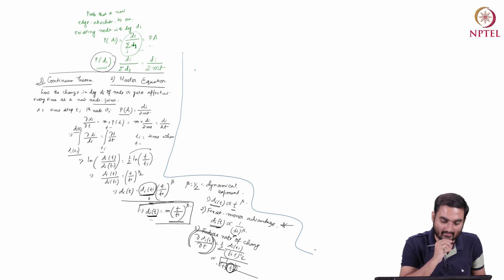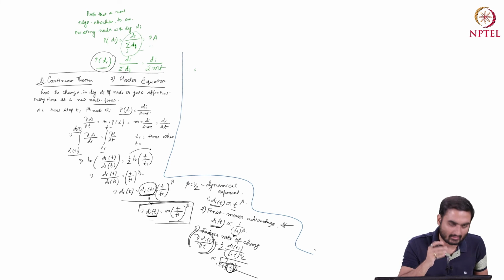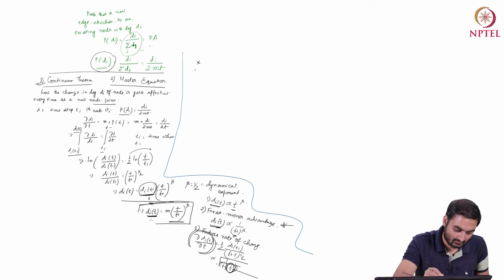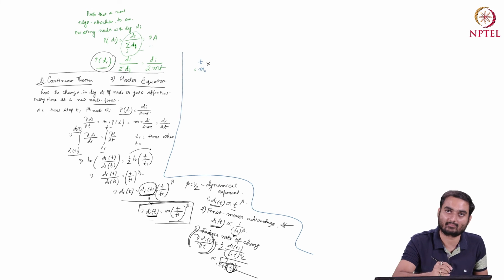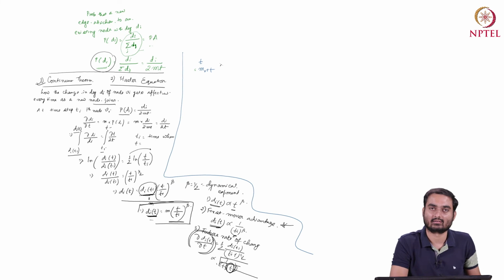Now let me just recap some of the things. At every timestamp t, how many nodes are there? There are m0, the number of nodes at the beginning, plus t, because at every time you have one edge, one node.